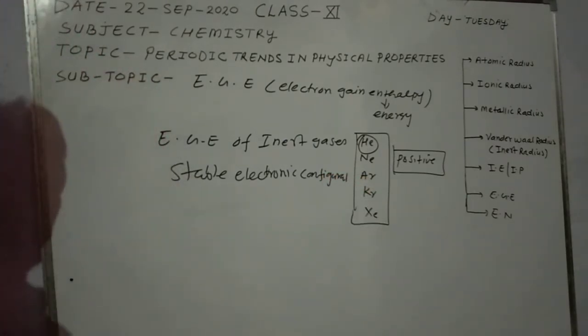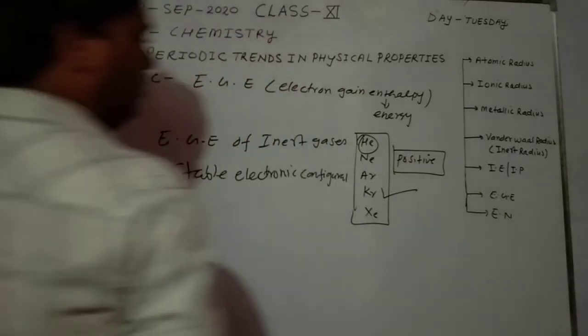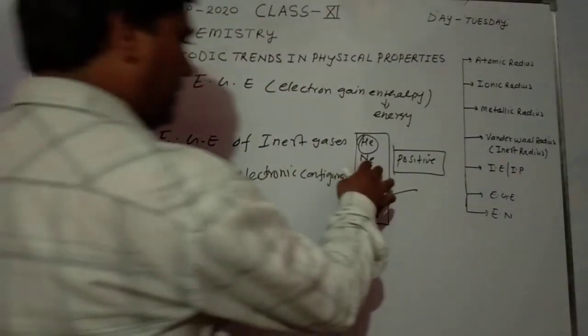Okay, so electron gain enthalpy of inert gases is positive and the rest are negative.